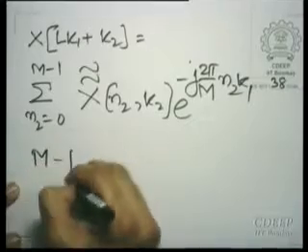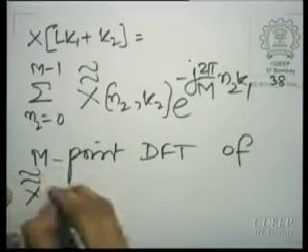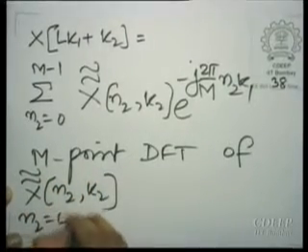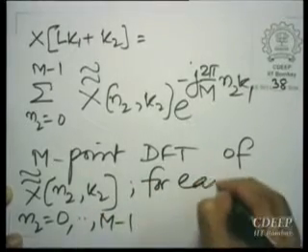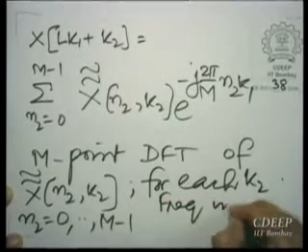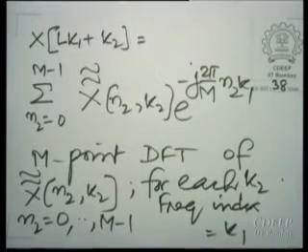So, this is an n point discrete Fourier transform of x double tilde n2 k2, n2 as expected running from 0 to n minus 1 for each k2, and the frequency index is now k1. Of course, k2 was also a frequency index. So, when we reached k2, we had partly moved into the frequency domain. Now, we have completely moved into the frequency domain.